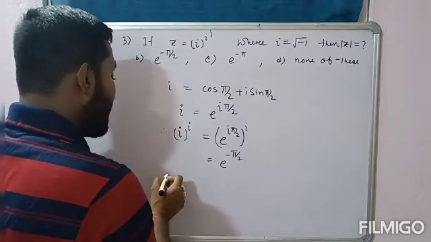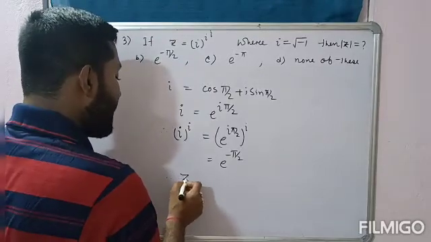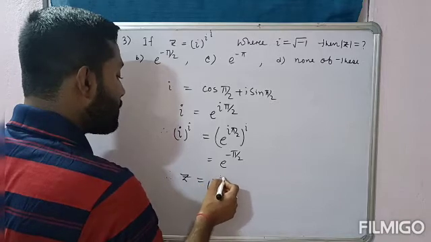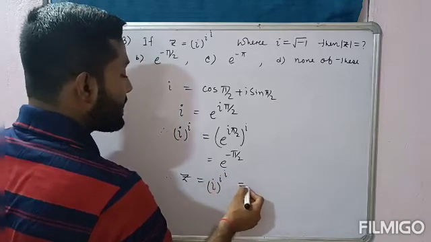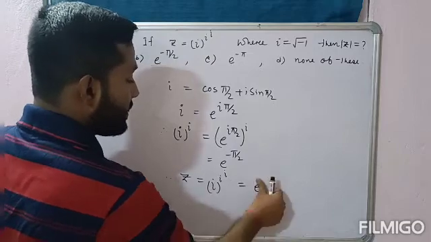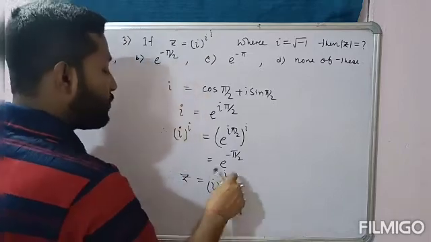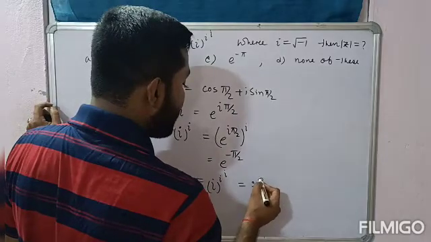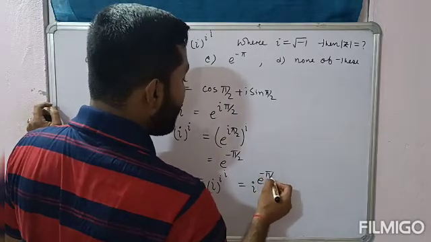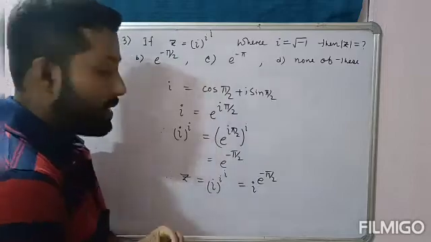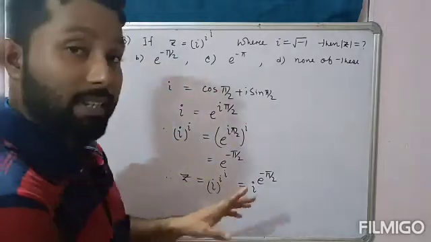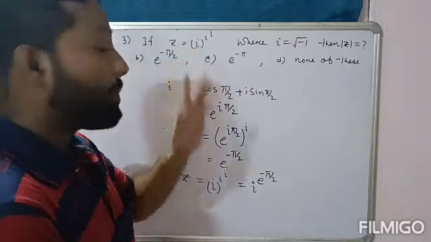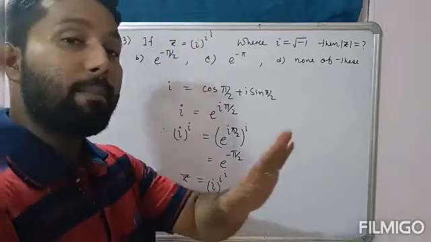Alright, so therefore here z is equal to what is given, i to the power i to the power i. This can be written as i to the power e to the power minus pi by 2. Yes, because in this i to the power i, listen here, where is the bracket? It is on the bottom i, so that i is completely separate.